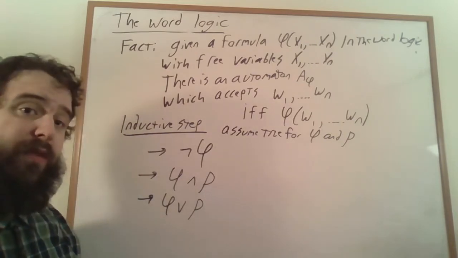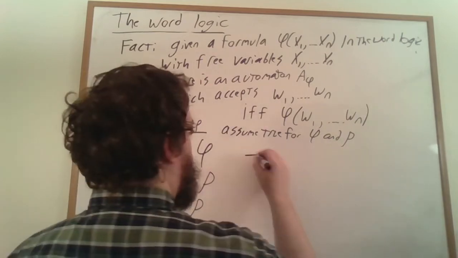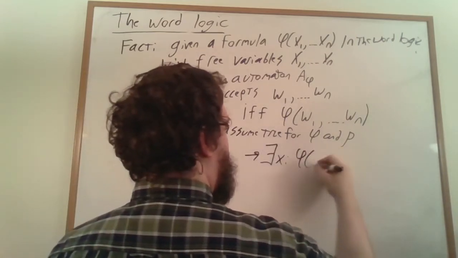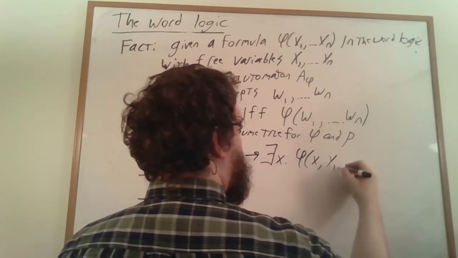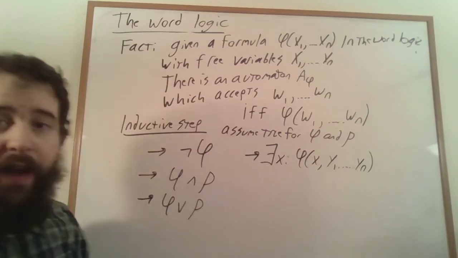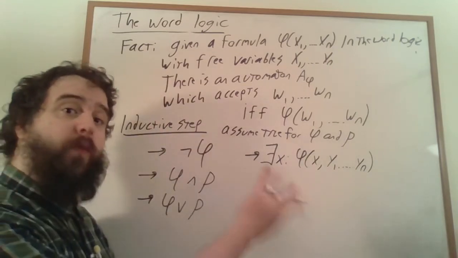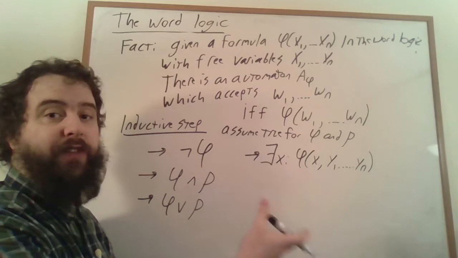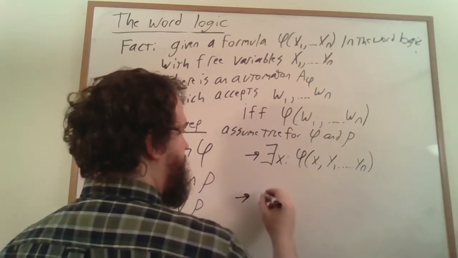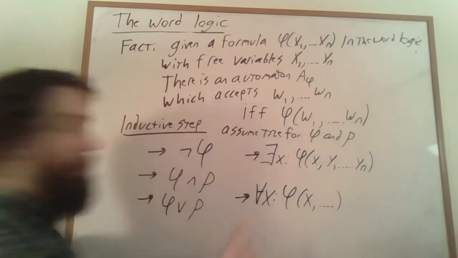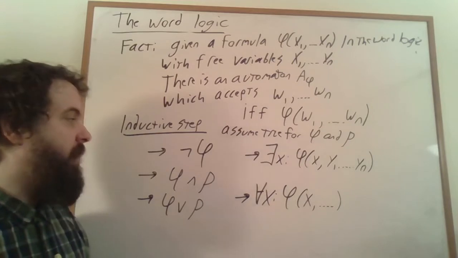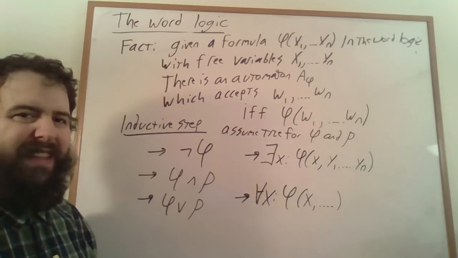If we want to prove this for a formula that looks like there exists an x such that phi of x comma maybe a bunch of other free variables, this actually just winds up being closure under projection. And finally, if we have a formula that looks like for all x, phi of x and possibly some other free variables, this one's kind of gross.